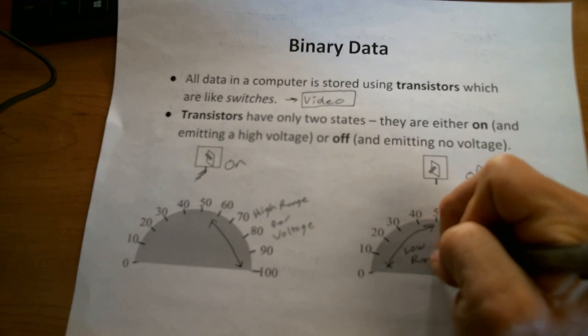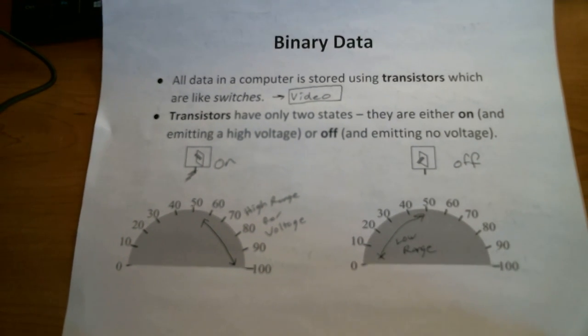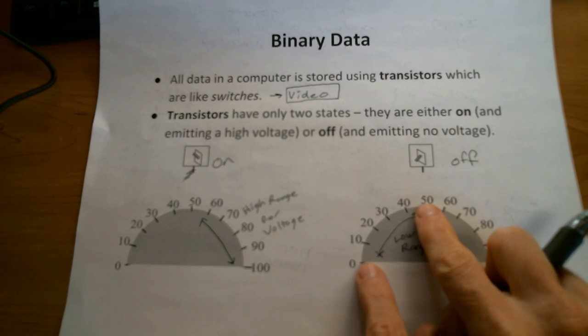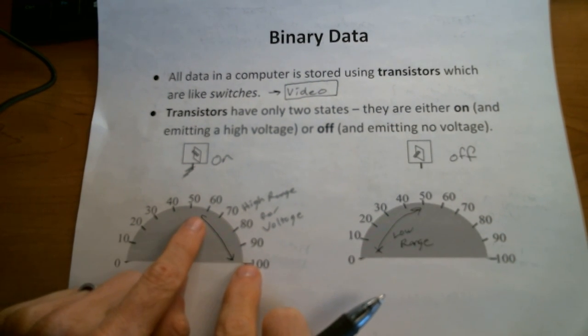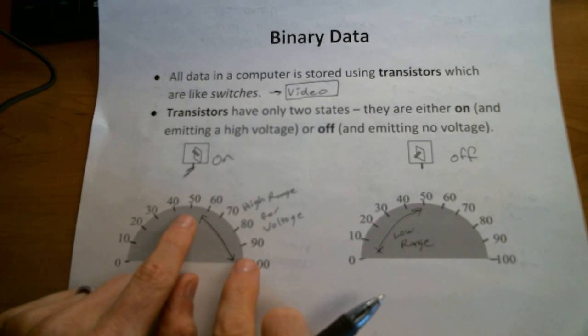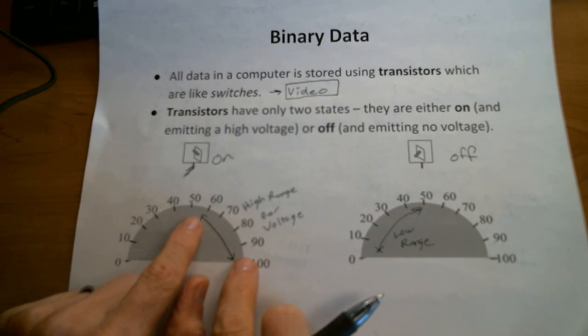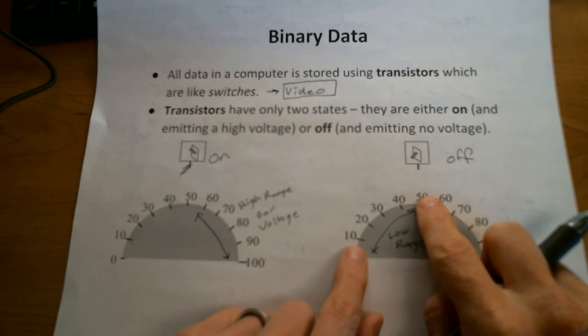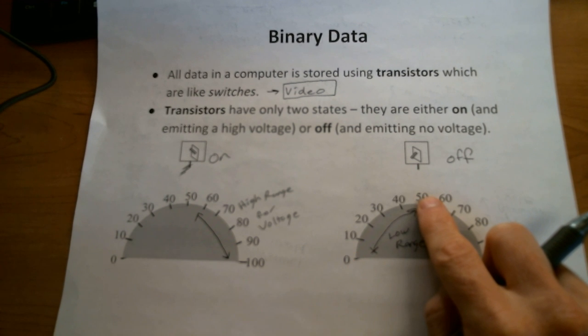As long as the voltage going through the transistor is in this range, it's going to be turned on. If the voltage being applied to the transistor is in this range, it's going to be turned off.